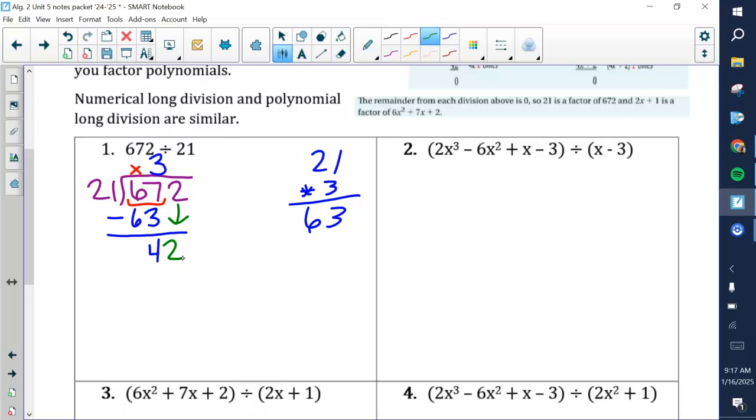Now I am checking, is 42 divisible by 21? The answer to that is yes, 2 times. 21 times 2 is 42. We subtract and we get a remainder of 0. So my solution is 32. So in fact, 21 is a factor of 672.